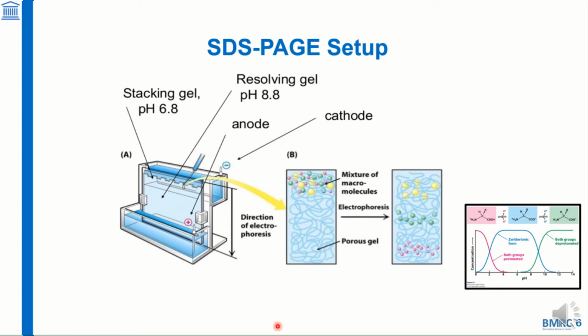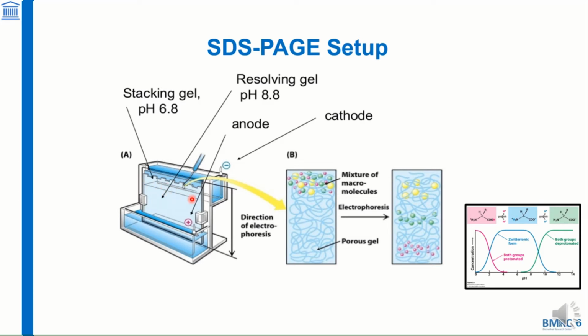To continue with the SDS-PAGE principle, let's look at the setup. The SDS-PAGE is a gel that is about 2 millimeters thick and it's set up within 2 glass plates vertically in the buffer. It's about 7 centimeters in length from top to bottom and it has 2 layers of different pH. The topmost part is about a 1 centimeter layer.